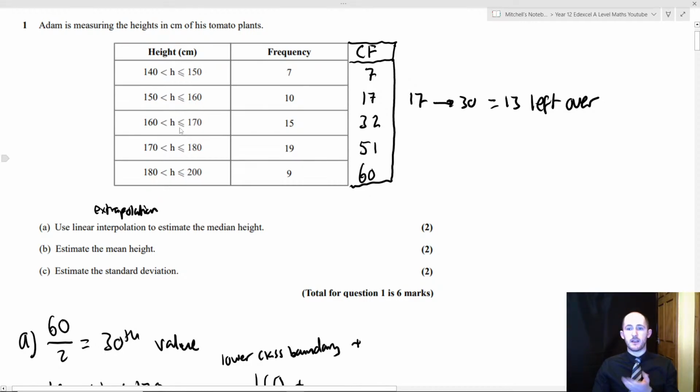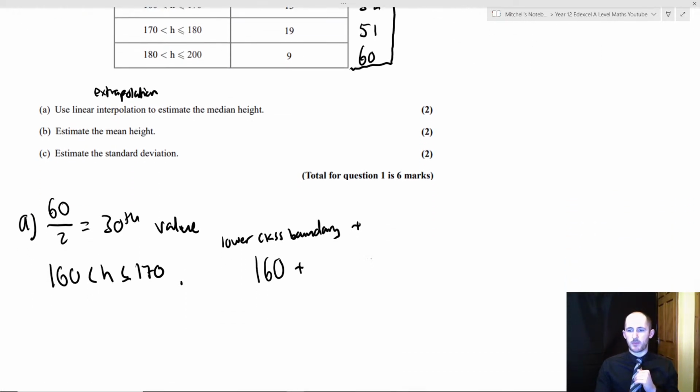And now we're going to estimate what those data points look like, as in what they're going to be. So we're going to plus 13. And again, where I got that is from the leftover amount. So all you're doing in this case is taking 30 and subtracting the cumulative frequency up to that point.